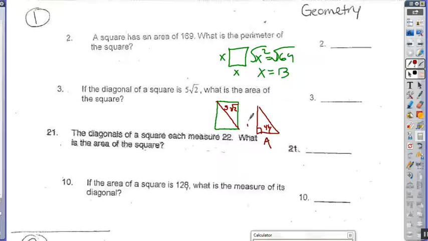And in an isosceles right triangle, we're going to call this side length A. Well, then this side length is also A because it's an isosceles triangle and these sides are congruent. And the hypotenuse is A times the square root of 2. Going back to my actual question, if this diagonal is 5 root 2, that means that this side length is 5 and this side length is 5. Therefore, my area is 25.